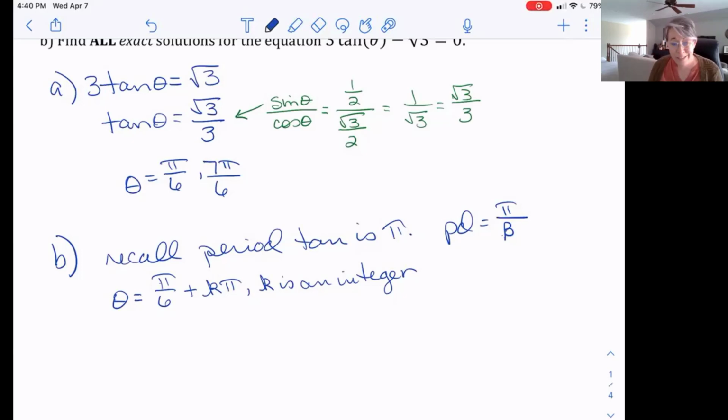But we also have 7 pi over 6, which if you think about it, is also pi units. So if we're hitting everything in the circle, this would include pi over 6 plus 1 pi, which would be 7 pi over 6. So it's already included here. We don't have to list it twice.